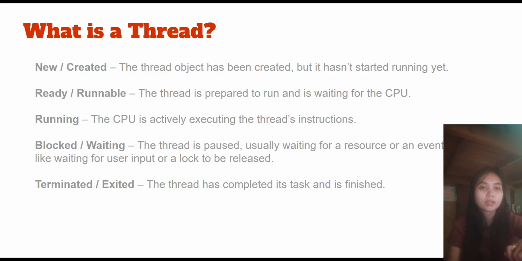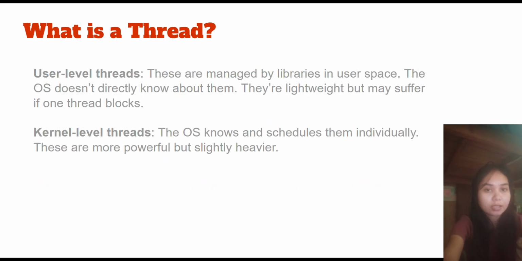So, the operating system is heavily involved sa pag-manage ng threads, though it depends on the type of threads. And actually, there are two major types of threads. We have the user level threads.